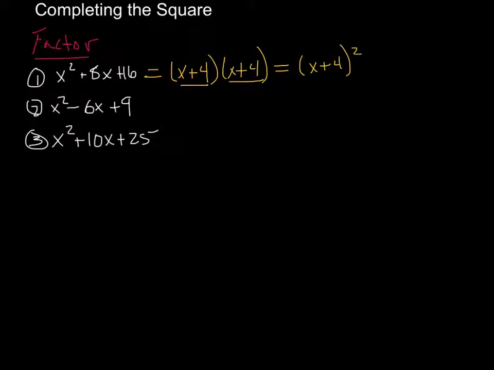And if you were to factor number 2, you would find that it would factor into x minus 3 times x minus 3, right? Again, same thing here and here. And again, you can check that on your own, but another way to write that would be x minus 3 quantity squared.